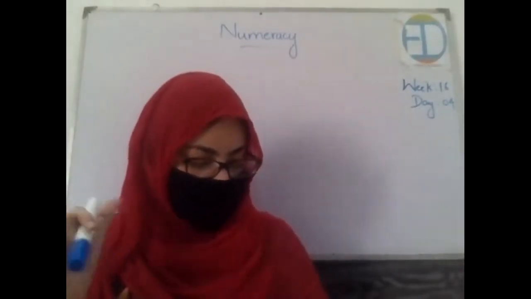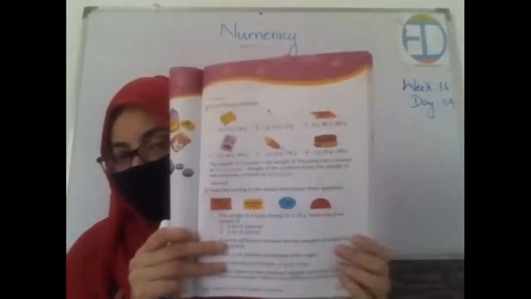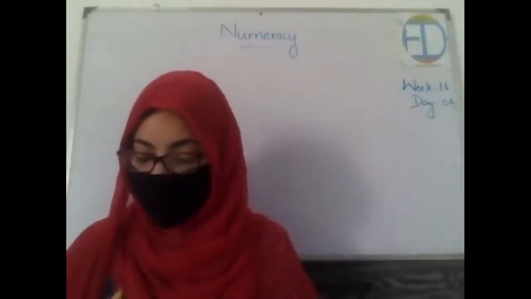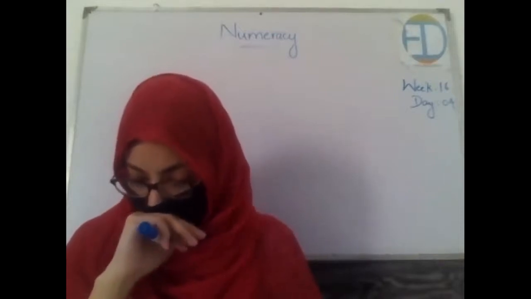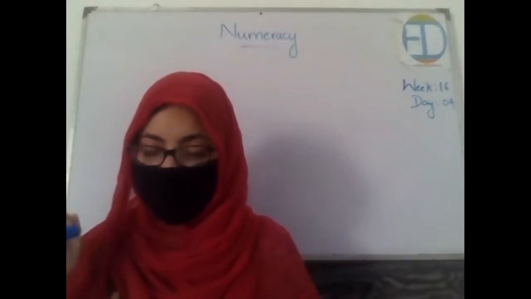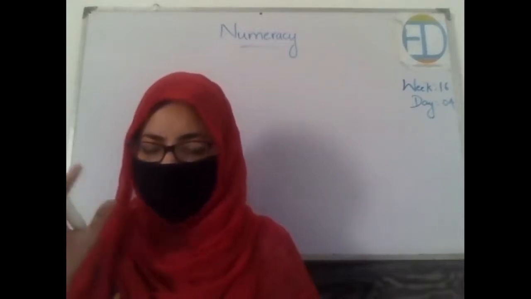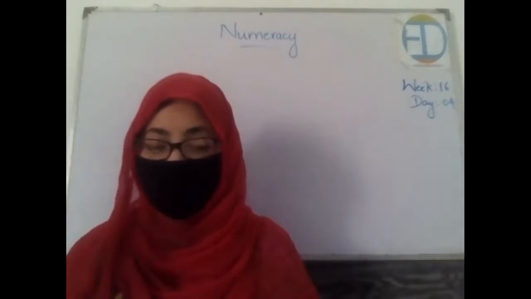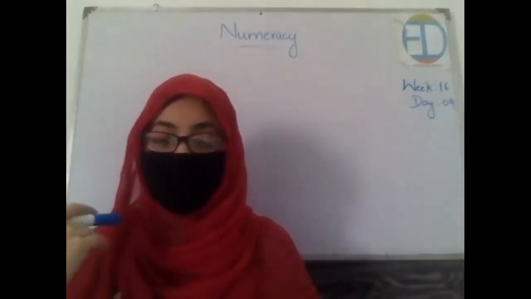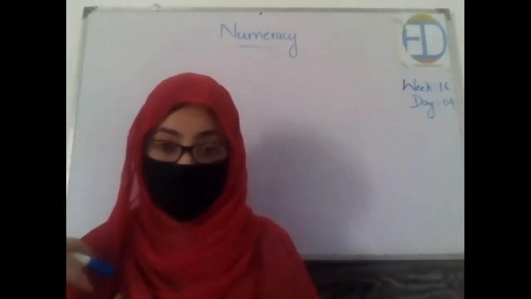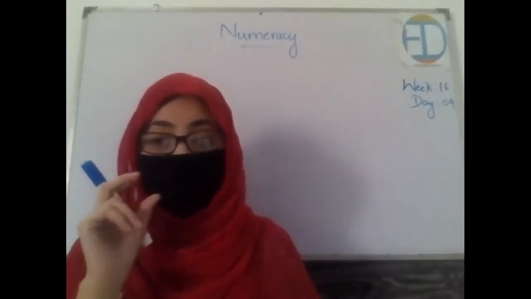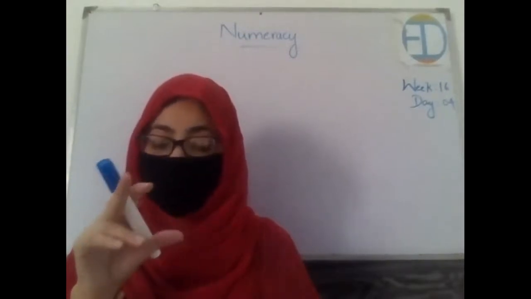Now I want all of you to please open your book to page number 83. This is page number 83. Please open this. There are some exercise questions on this page. It says circle the best estimate, right? Now you are supposed to just estimate it. Because we have been doing this topic for the whole week, you already have an idea of what unit we use to measure the weight of a particular thing.